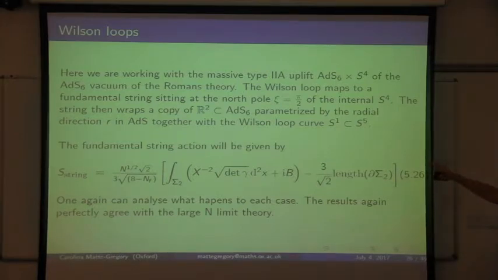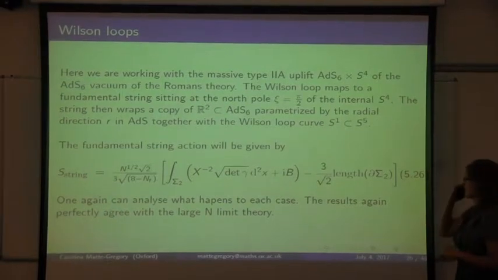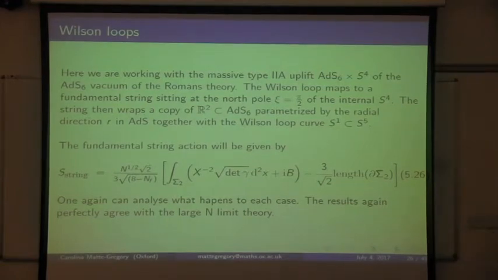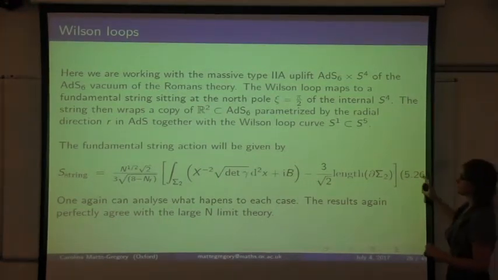The string wraps a copy of R2 that is actually a great action and you was on the curve as one. This turns out to be a hidden direction, that special direction that I had already in my AdS6 series at the very beginning.